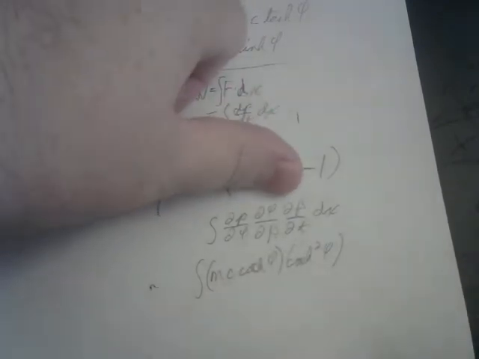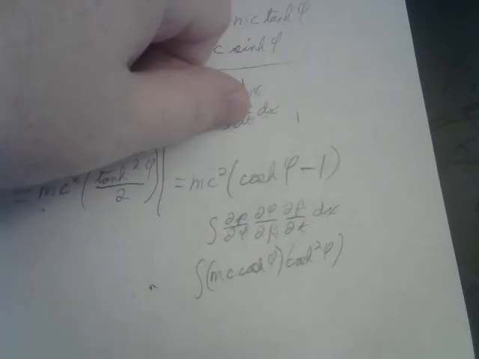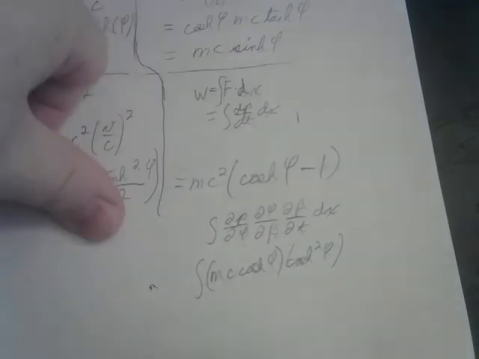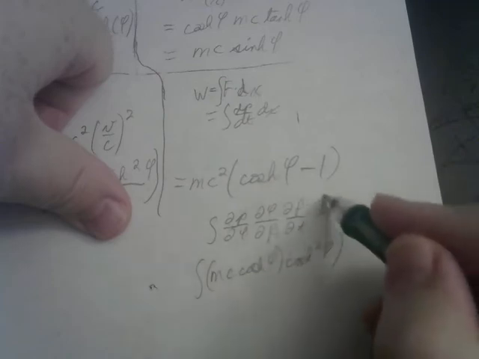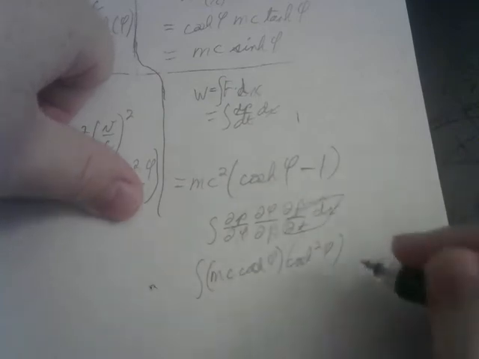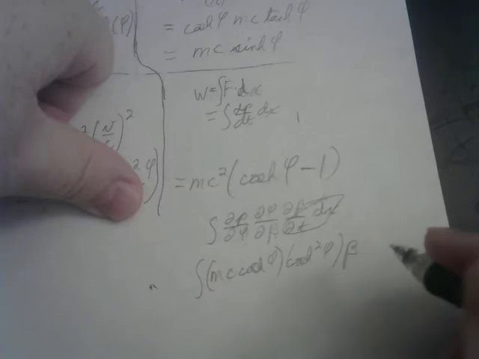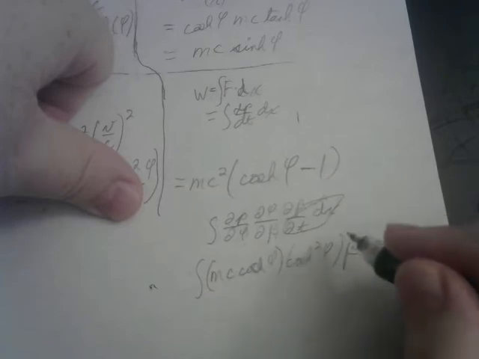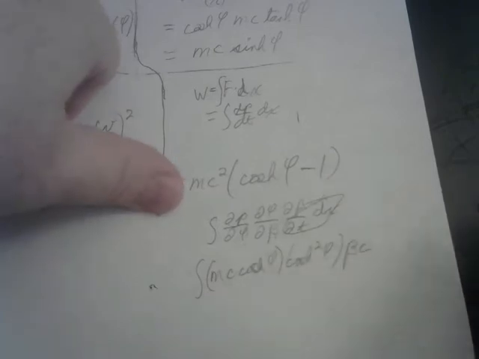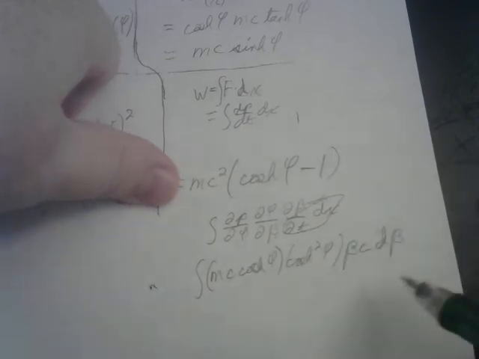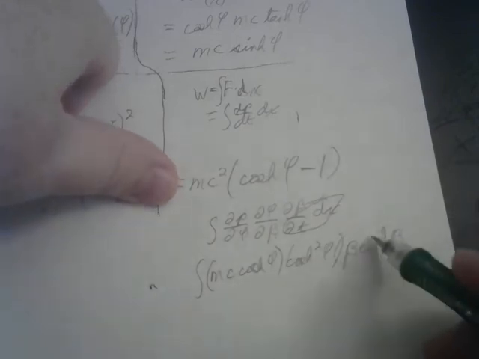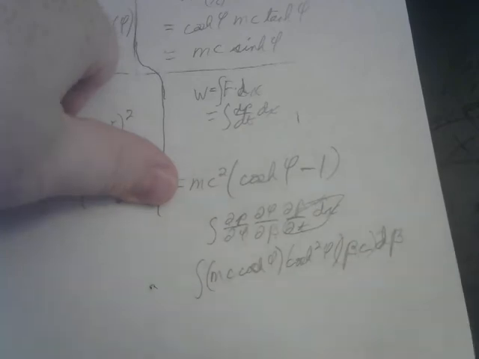And then we have d beta dt. But here, actually, I'm not going to do d beta dt. I'm going to do a switcheroo. Combine that dx dt to make beta c, and then I'll just have d beta here at the end. dx dt is velocity, and velocity is v over c times c.